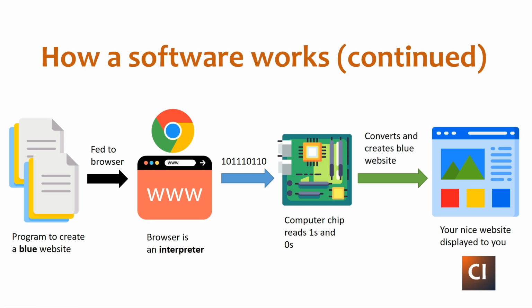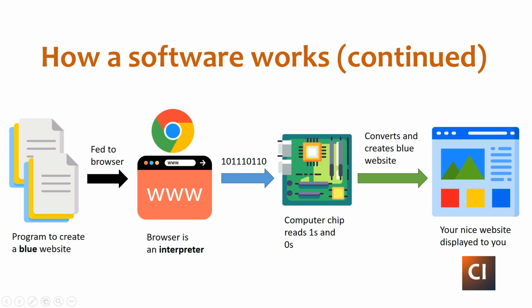Right now, the browser that you see, that you are watching this video on, Google Chrome or Microsoft Edge or Internet Explorer or Firefox or Opera, whatever you have, that is the interpreter. So we said that there's supposed to be something that converts the instructions you've written into the ones and zeros that the computer understands.